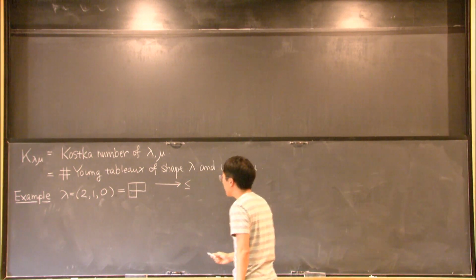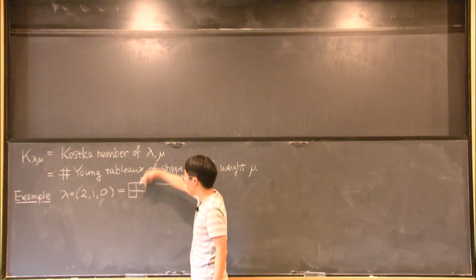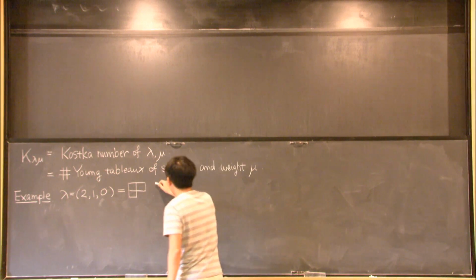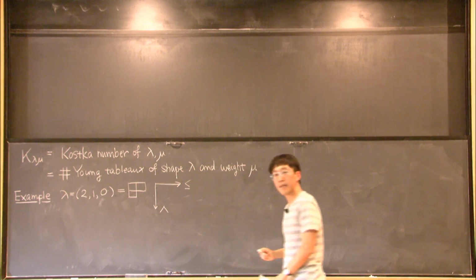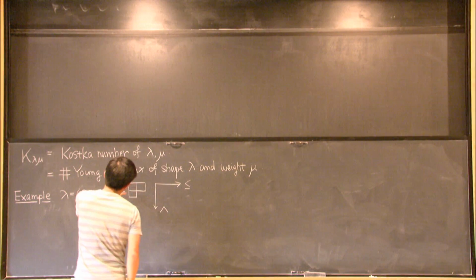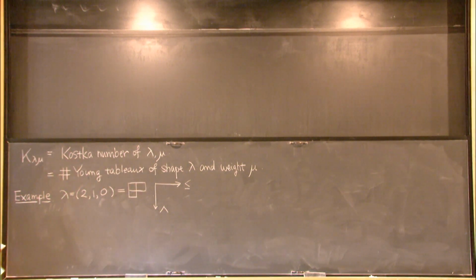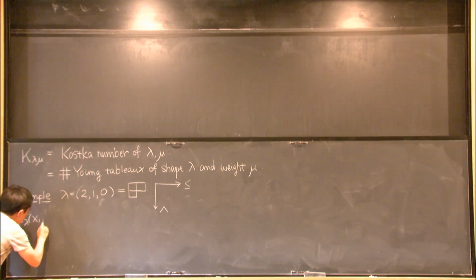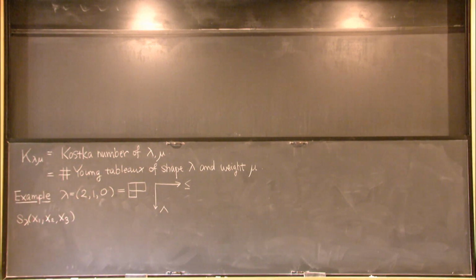And also, the sequence you get by reading the numbers from top to bottom along every vertical column is strictly increasing. So if you want to fill in the boxes with 3 numbers, say 1 to 3, then all possible ways of doing it will give you the Schur polynomial in 3 variables, s_lambda(x1, x2, x3).